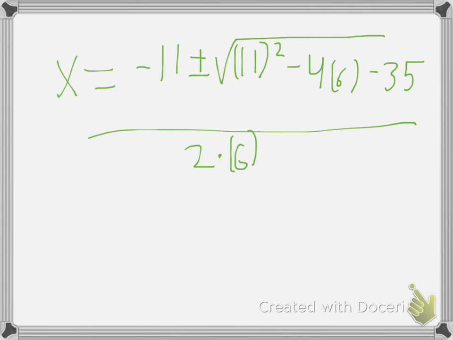This is what our equation will look like once you plugged all of these in. And as you can see, you need to put parentheses around the values that you put into the equation.